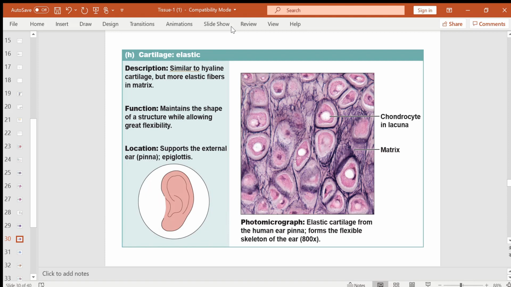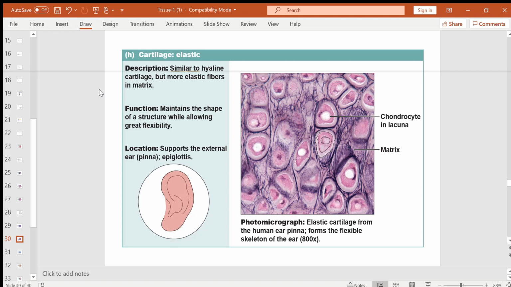Elastic cartilage, you see here, is kind of the opposite. Many cells inside the lacunae. So this is a cell in the elastic cartilage, nucleus here, and this is the lacunae here. Okay, so in elastic cartilage you have many cells within the lacunae and a small amount of matrix.